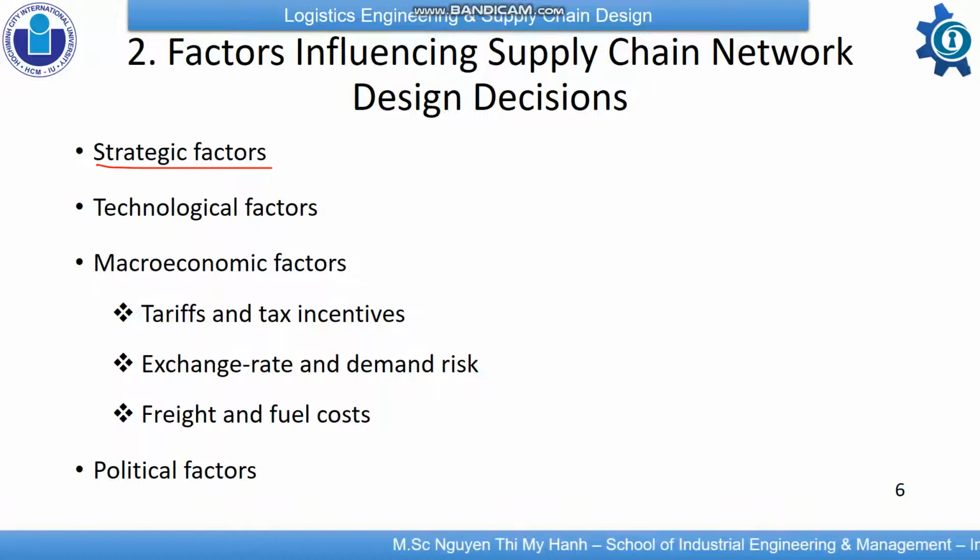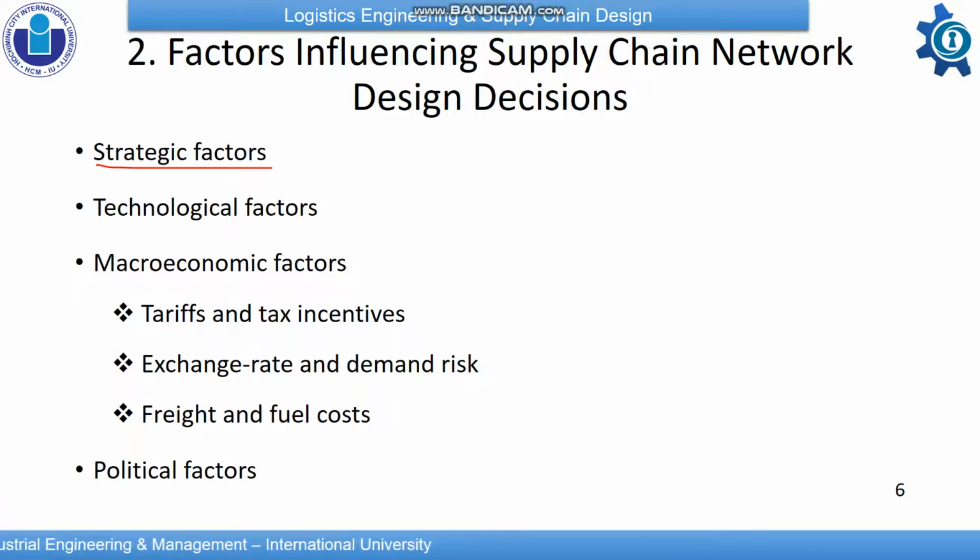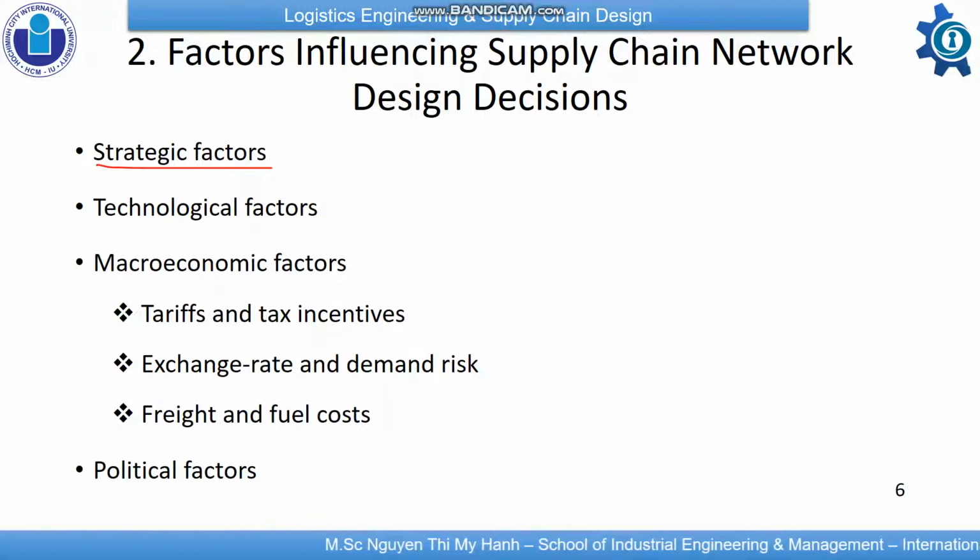Maybe the customer has to travel quite far to buy products. However, because they offer low prices, the customer agrees to travel further to buy the products.